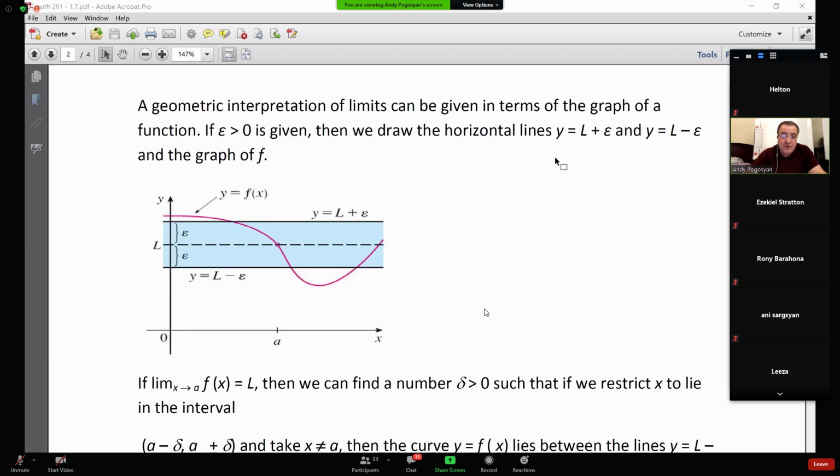Draw horizontal lines y equals L plus epsilon and y equals L minus epsilon. The portion of the graph should be between those two lines. For this portion, f of x is inside the interval L minus epsilon, L plus epsilon. Then you can go from here down to see how close x should be to a.